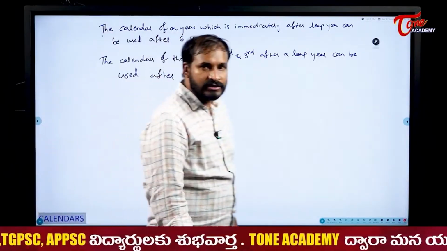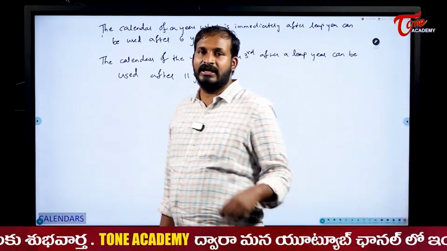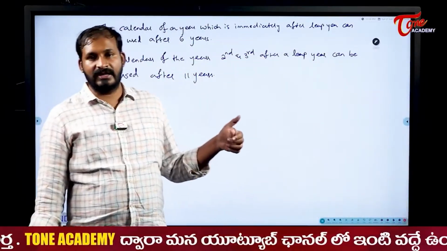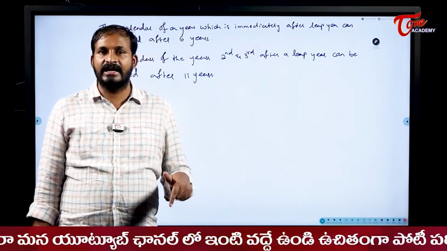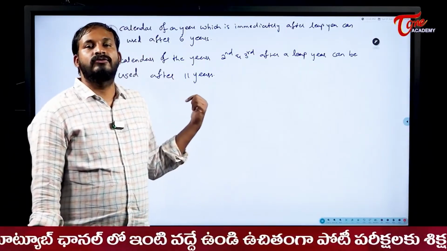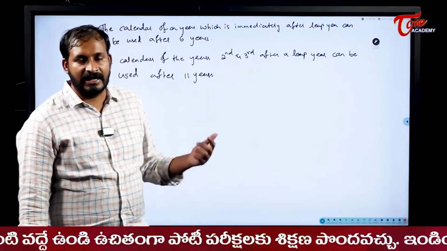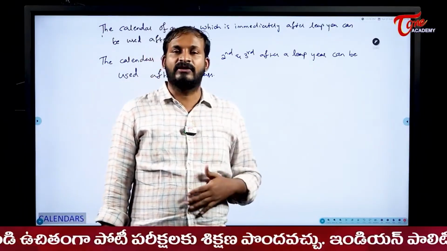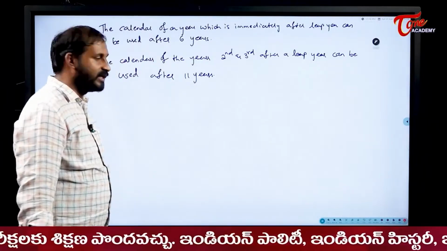That means 2014, 2015. I can use them after 11 years. That means 2014 plus 11, I can use it in 2025. Means the present calendar, this year's calendar will be same as our 2014 calendar, students. Okay, next 2015 calendar, I can use it in next year, that is 2026. 2015 plus 11, so it becomes 2026.